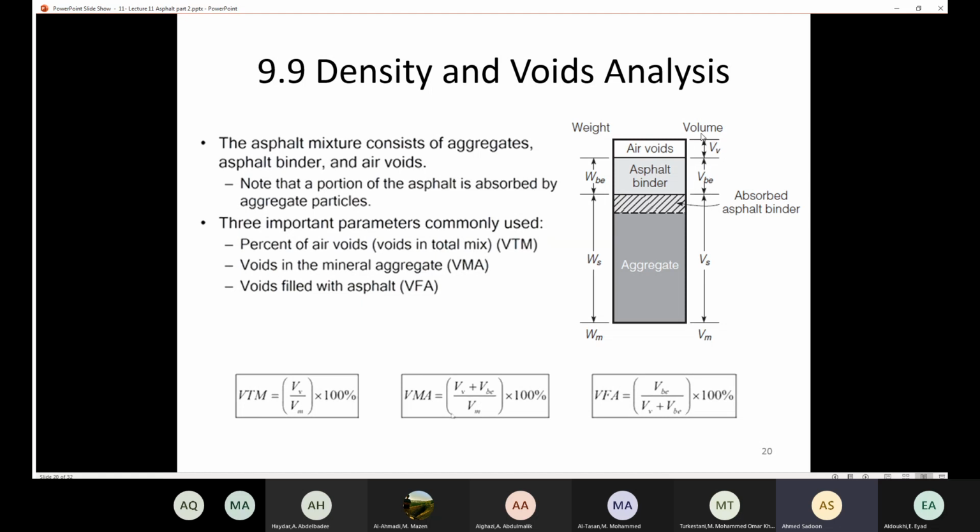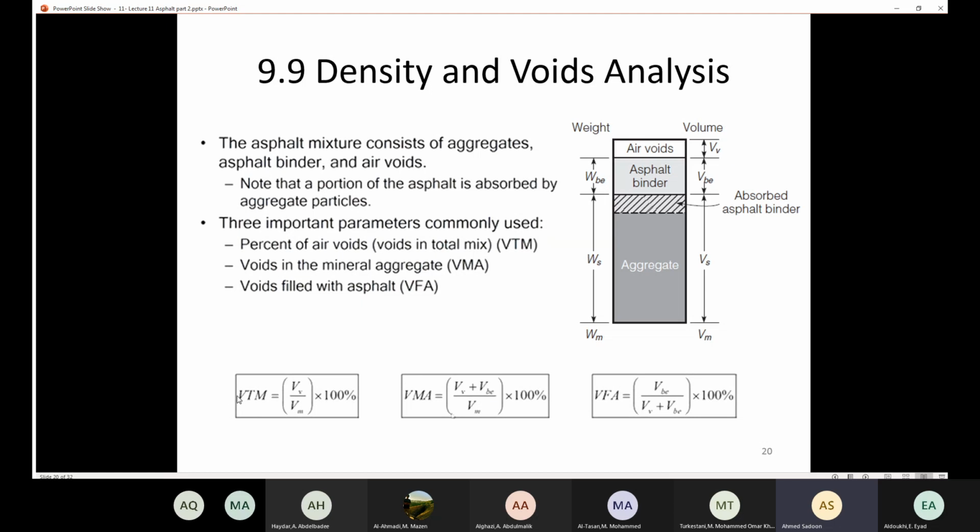Okay. Then I want to know how much voids has been filled by the asphalt binder. So this one is going to fill the voids of the aggregate. So VFA is going to be V sub BE over this one plus that one, V sub V plus V sub BE. So this one represents the voids that have been filled by the asphalt because of the aggregate.